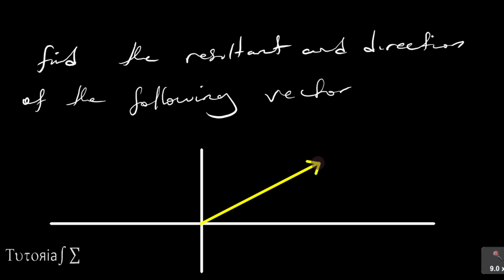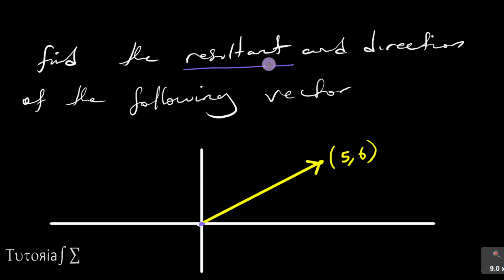I've been given that the endpoint here is, let's say, 5, 6. So the end point of this vector is 5, 6, and the starting point is 0, 0. Then I need to find the resultant.